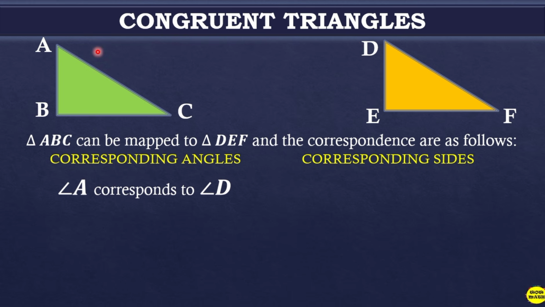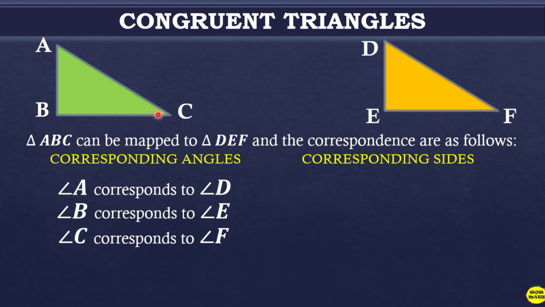So, angle A corresponds to angle D. Next, angle B corresponds to angle E, and angle C corresponds to angle F. Okay? It is easier to see when your triangles are arranged. You can easily see the corresponding angles as well as the corresponding sides. So, let's take the corresponding sides.